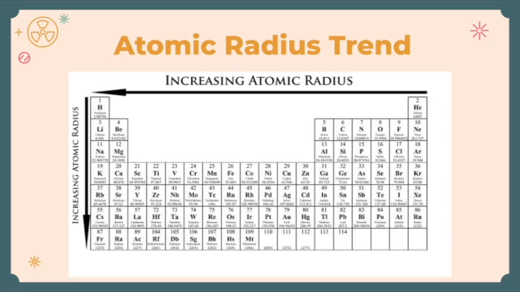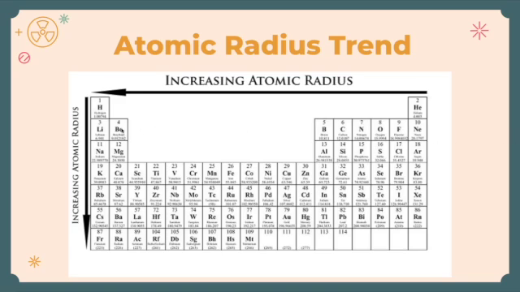When we look at the periodic table, as we move from the right side of the periodic table to the left side, we increase atomic radius. So elements towards the left side of the periodic table have a larger atomic radius than those on the right. And as we go down a group, we increase the atomic radius.